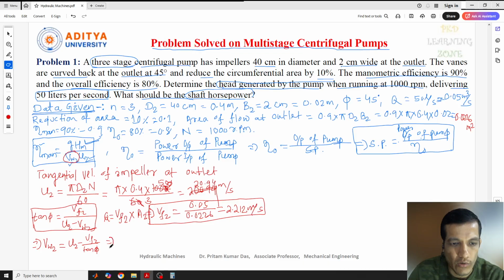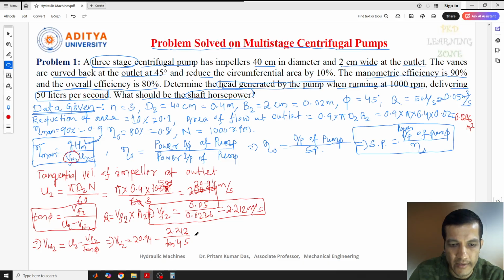So let me solve this: vw2 equals u2, already calculated, 20.94, minus vf2, just now calculated, that is 2.212, divided by tan phi. How much is phi given? Angle 45 degrees.